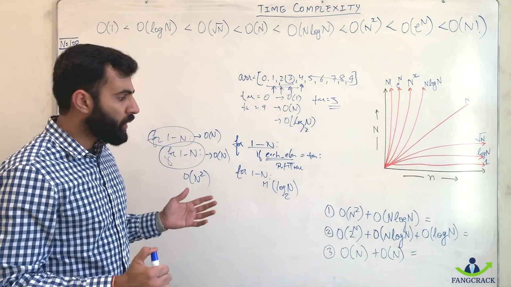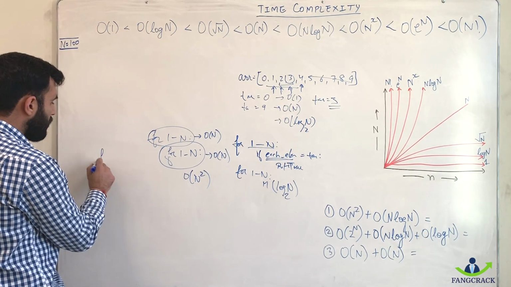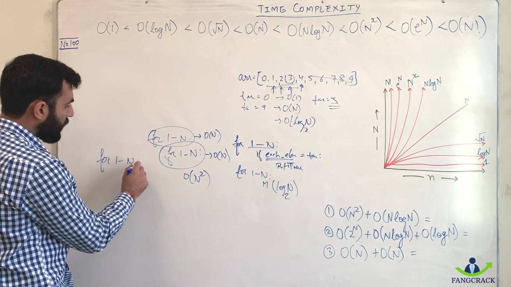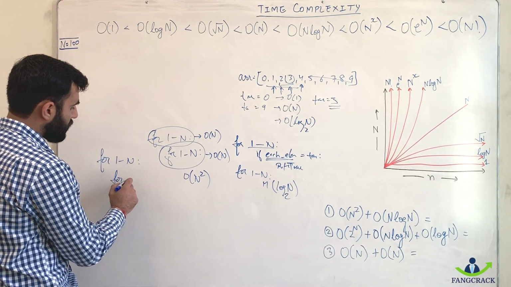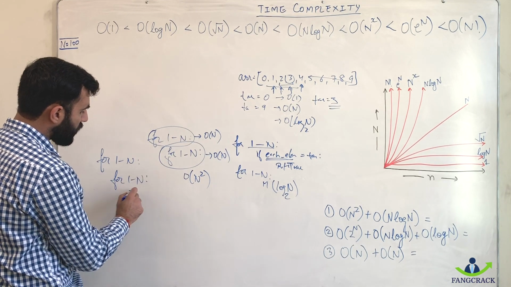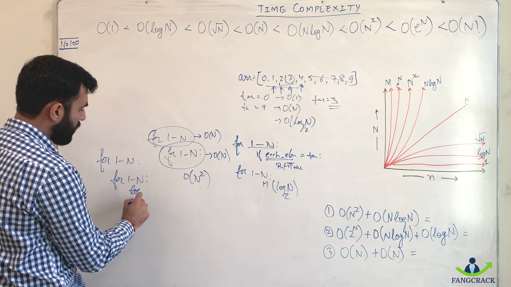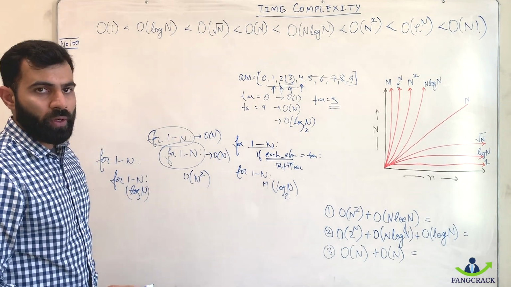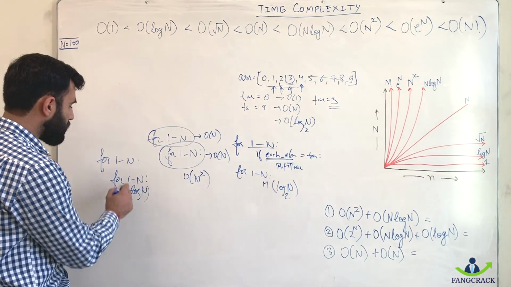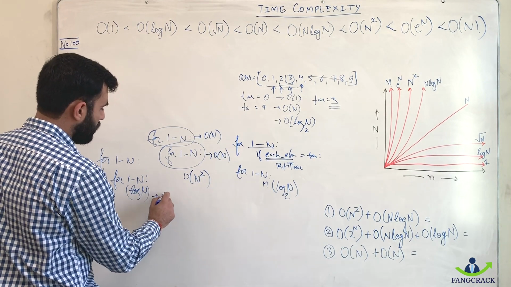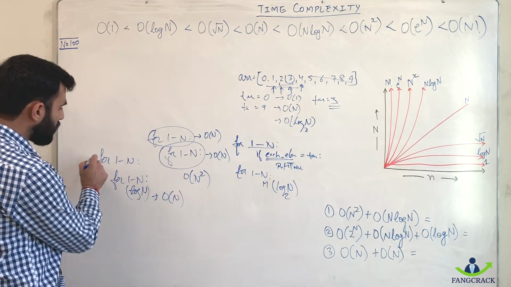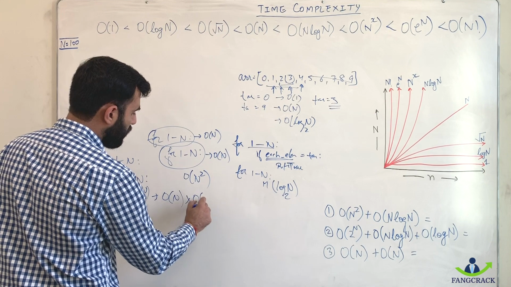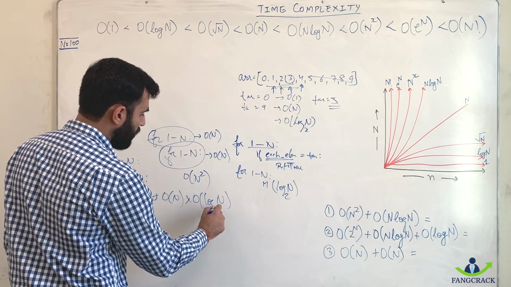Now let's say you had a for loop that ran from 1 to n, but an inner for loop that only computed a logarithmic amount of elements of the array, such as in heap sort or quick sort. In this case, the time complexity will be big O of n for the outer loop multiplied by big O of log n for the inner loop.